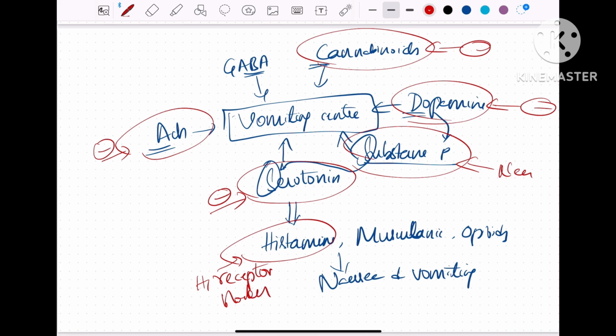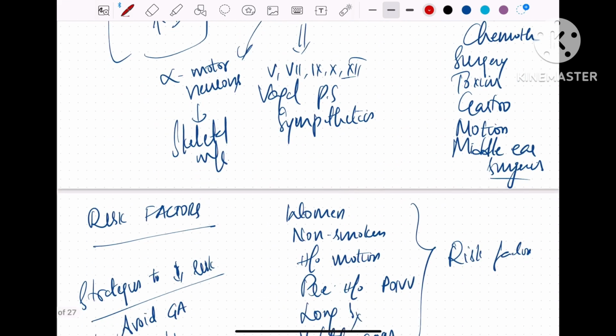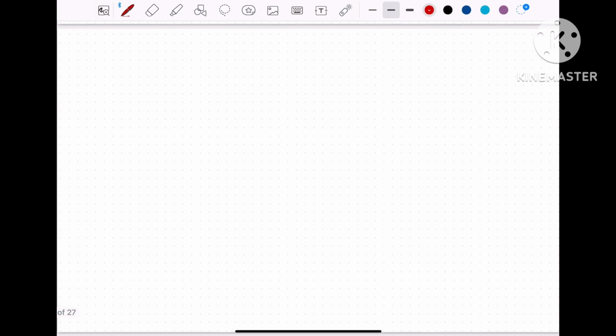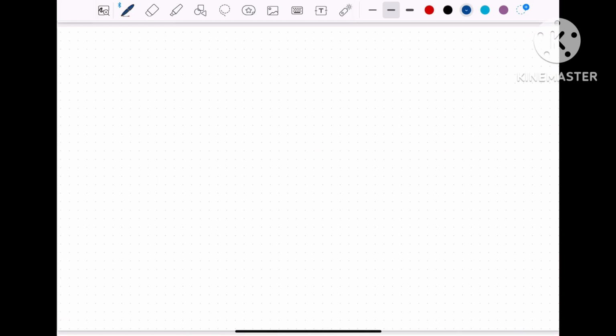These drugs block the different neurotransmitters at the central and peripheral level for the prevention and treatment of nausea and vomiting. Let's go with individual drugs.